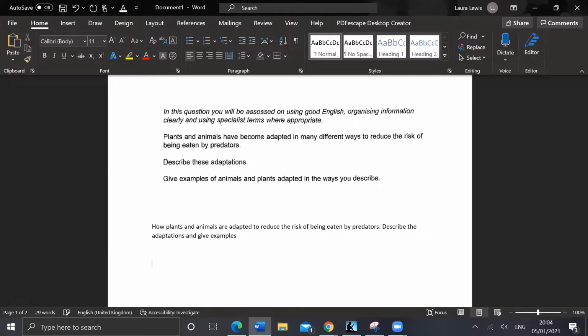So let's start thinking about what comes to mind straight away. An animal can camouflage itself. So that's the first thing. Camouflage. It's a funny word to spell, actually, camouflage. Obviously it blends, so an animal can blend into its surroundings.